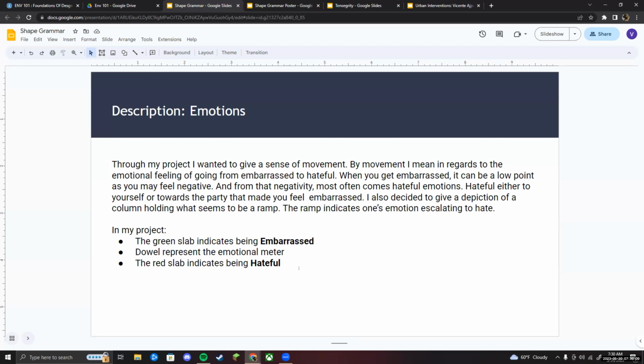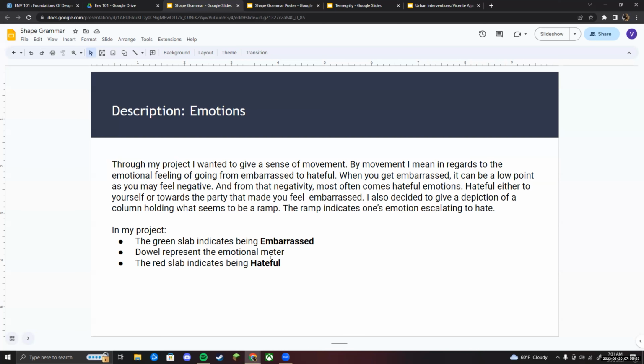By movement, I mean in regards to the emotion feelings from going from embarrassed to hateful. When you get embarrassed, most of the time it's like a low point as you feel negative feelings. And from the negativity, most of the time come hateful emotions, hateful either to yourself or towards the party that made you feel embarrassed.